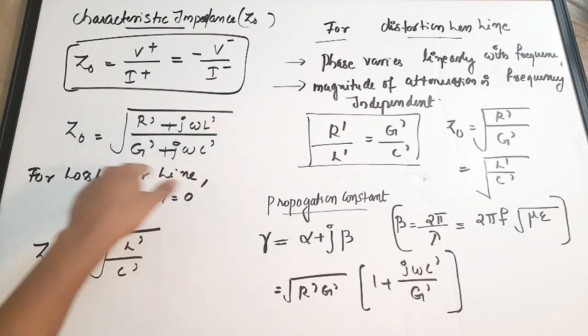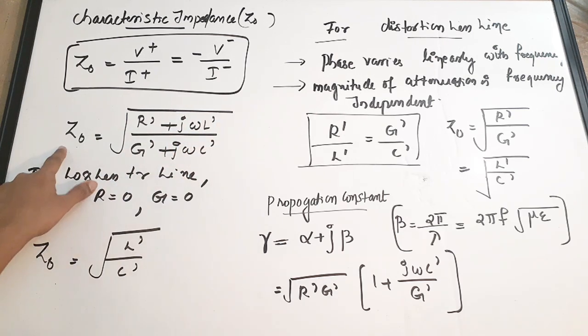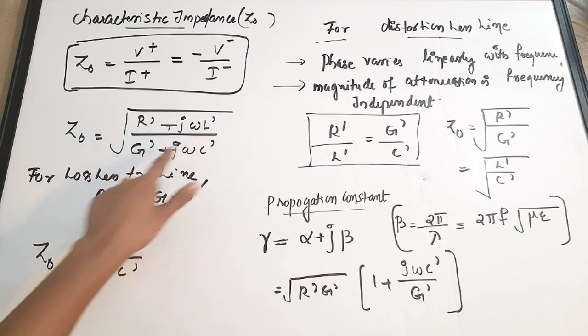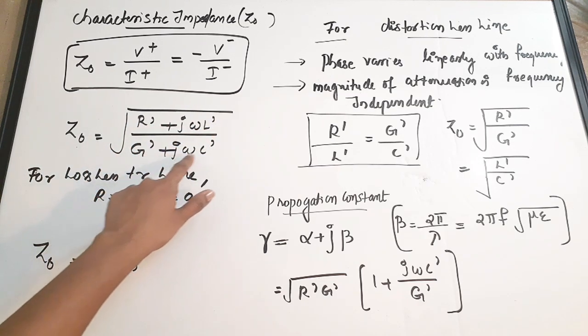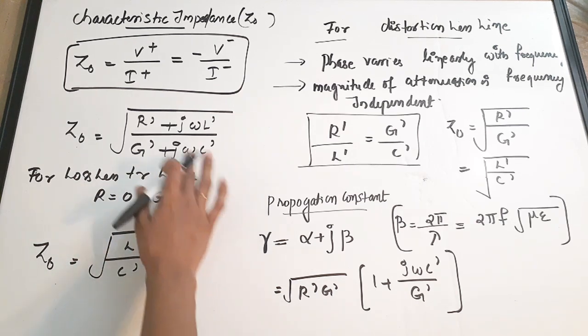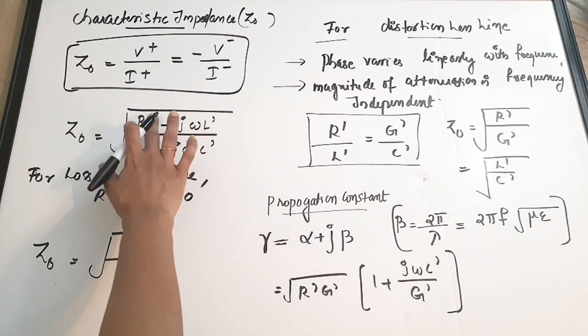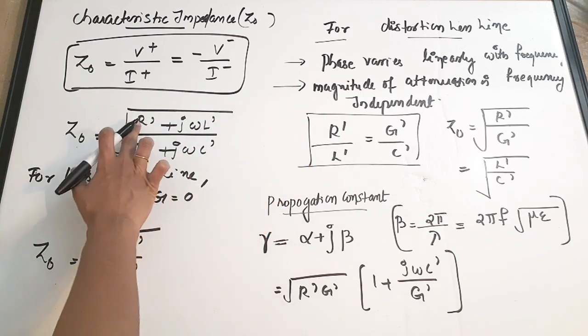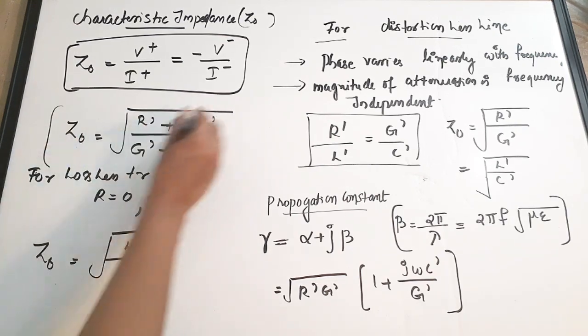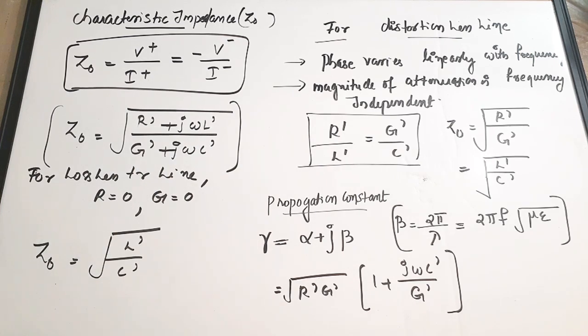In terms of the basic components of the transmission line, you can write the characteristic impedance as Z0 = square root of (R' + jωL')/(G' + jωC'). The dash just indicates the per-unit-length value of resistance, inductance, conductance and capacitance; you don't need to put the dash. So this is a very, very important equation for the characteristic impedance of the transmission line in terms of the elements of the transmission line when represented in a network form.